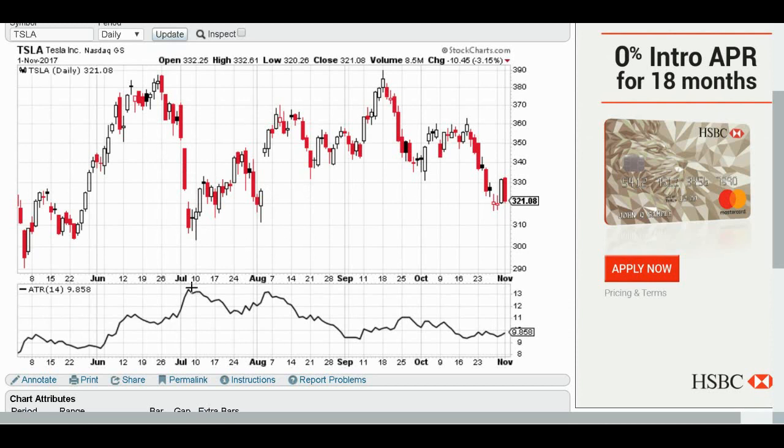So when the average true range reached an extreme here, when it went way up to nearly the top, because there was such a large series of down moves in the last 14 periods, it really went down sharply and fast.